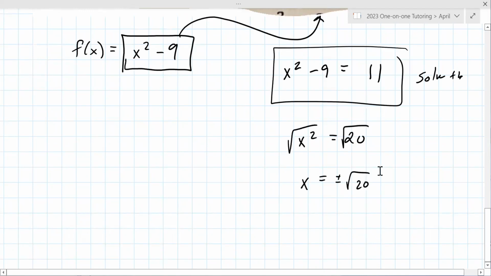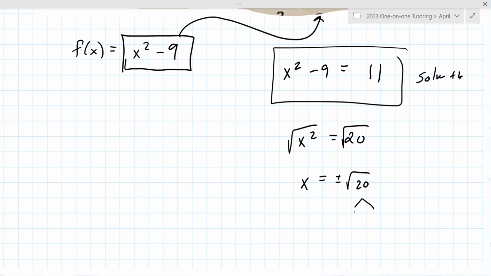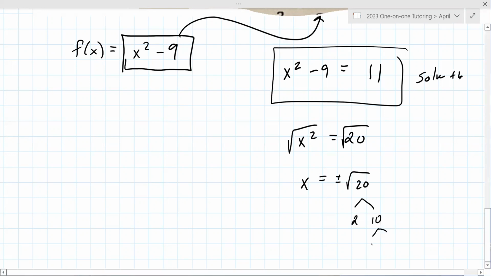So this is correct, but not reduced. How do you reduce something like this? It's the square root of 20. You have to break it apart into a factor tree. 2 and 10, 2 and 5.